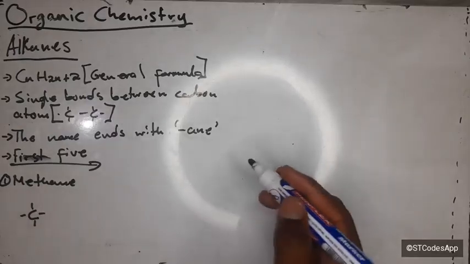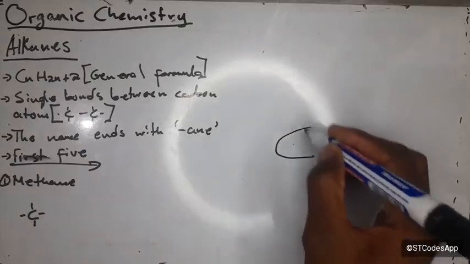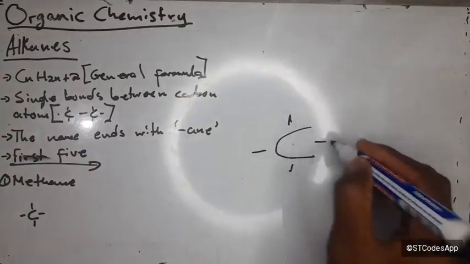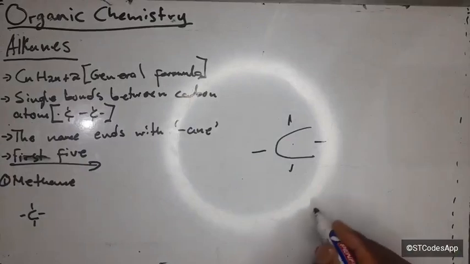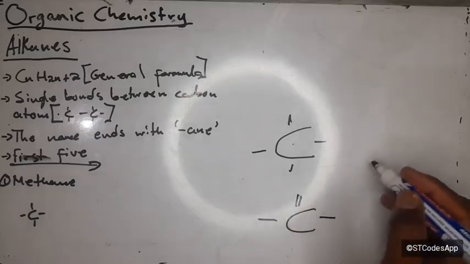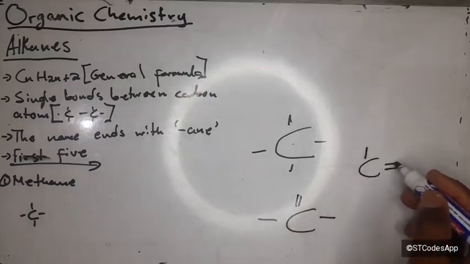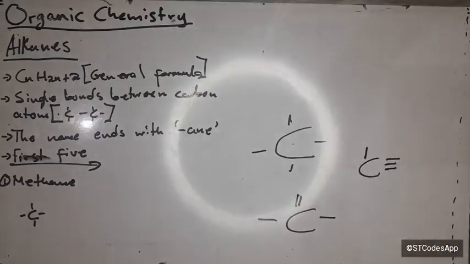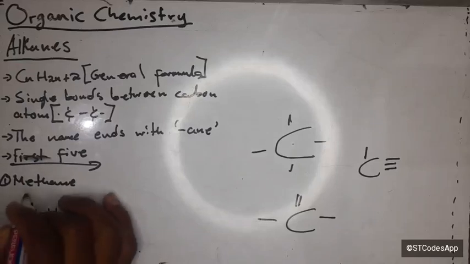This is what you need to know. Carbon bonds 4 times, like this, or like this. That's how carbon bonds. Guys, do not forget this. It's something I was supposed to tell you at the beginning, but here it is. Carbon bonds 4 times.